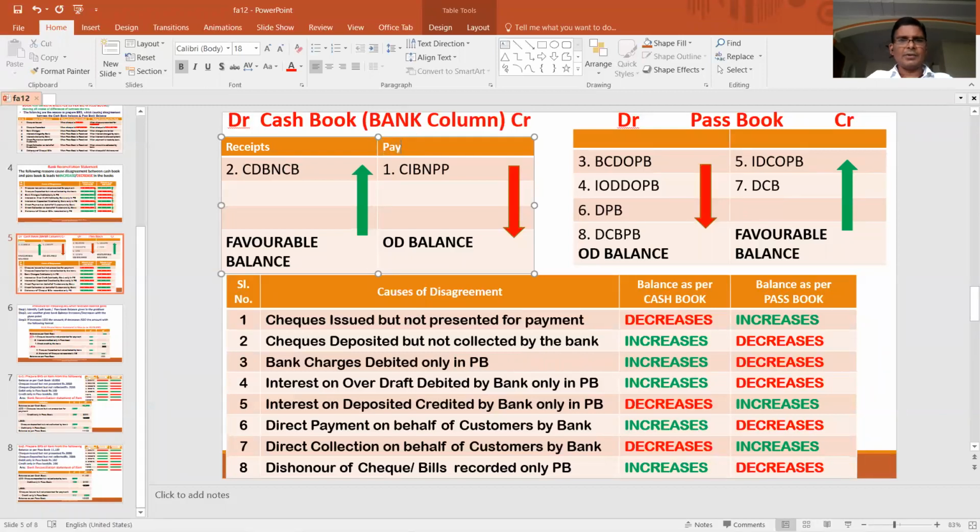Receipts, payments. You know very well, the cash book debit side is receipts, and the cash book credit side is payments. This is the reverse here. Here is payments, here is receipts.